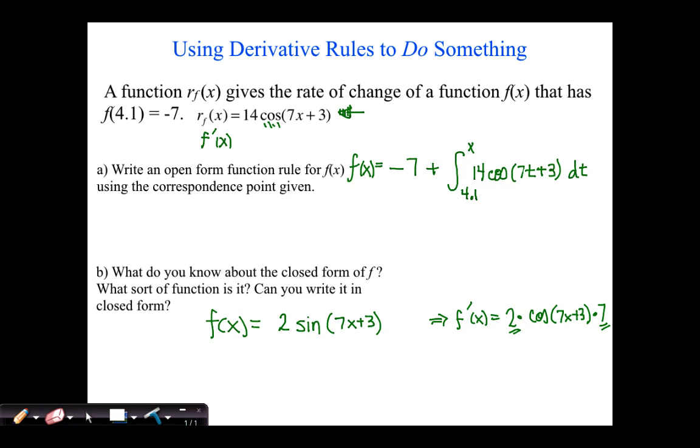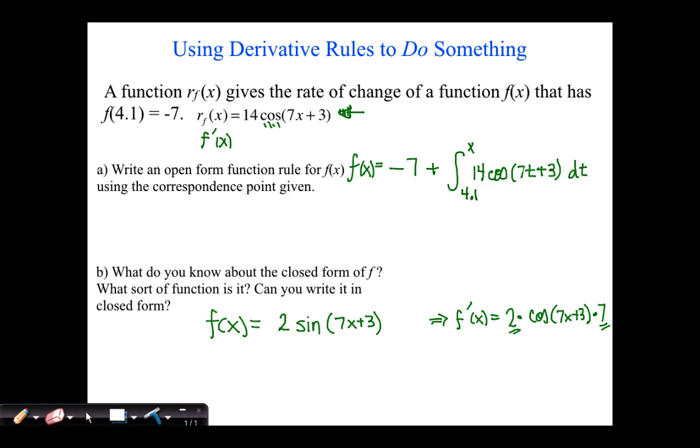I don't really know. Just due to the accumulation that we know, we have this, but it's a little bit messier to figure out what all is going on here. I have this f of 4.1 is negative 7. If I substitute in negative 7, does that come out? I don't really know.